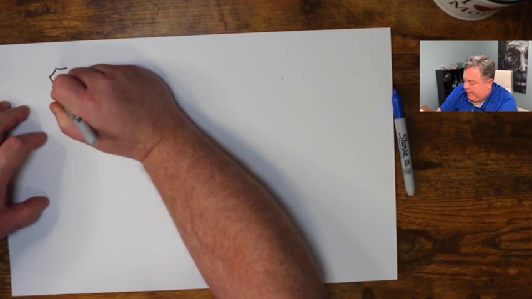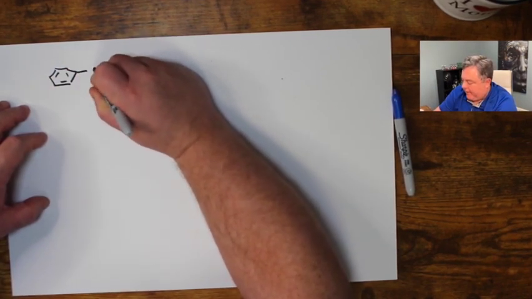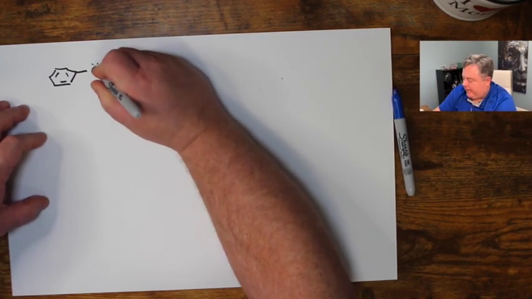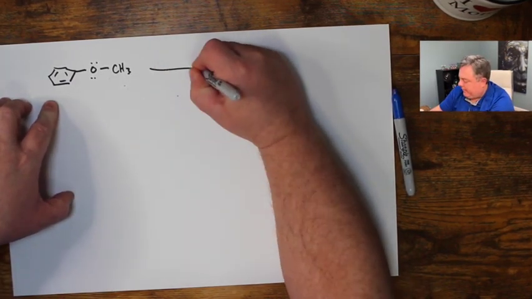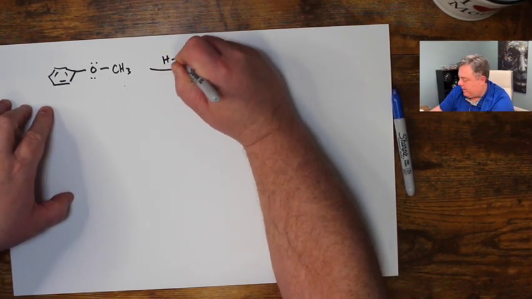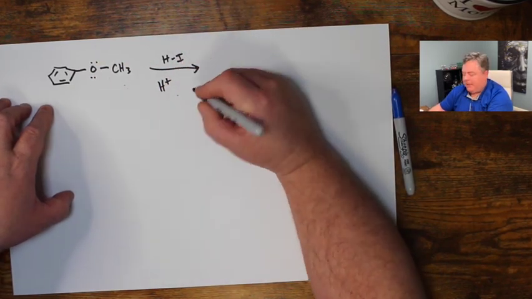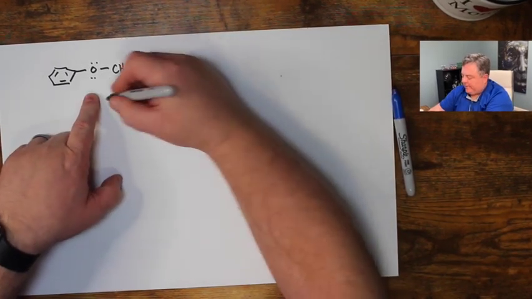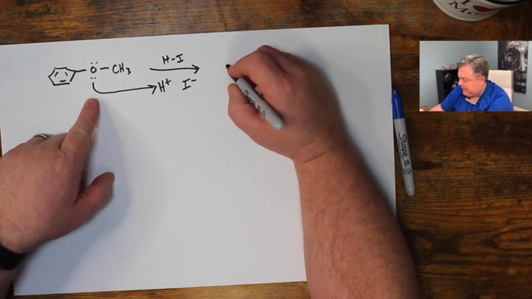Let's do the same reaction, except this time we'll have a phenyl on my ether. Maybe we'll put a methyl on this side. So we have this methyl phenyl ether. And let's react it with HI. So again, we have a source of H+, and we have some I-. So which part reacts with the H+? Again, these juicy negative electrons on the oxygen.